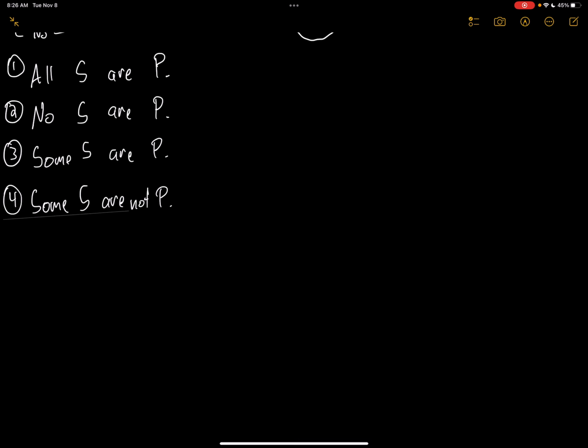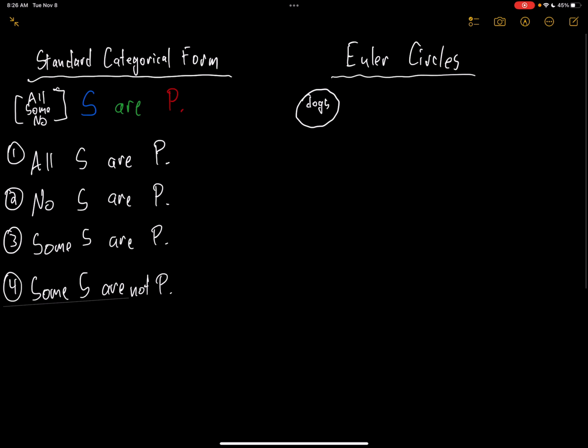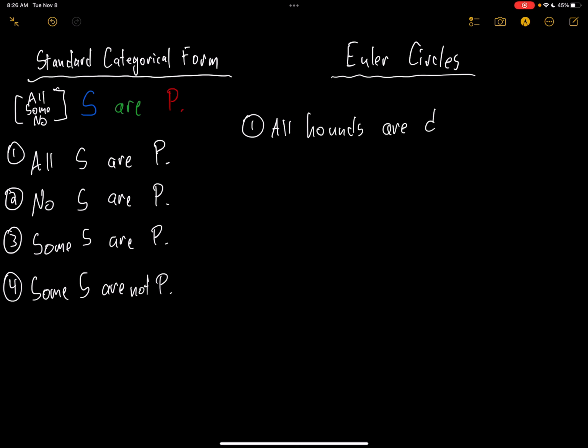So for example, our first type, all S are P. Let's consider a sentence of type 1: all hounds are dogs. How might I illustrate that using our Euler circles?